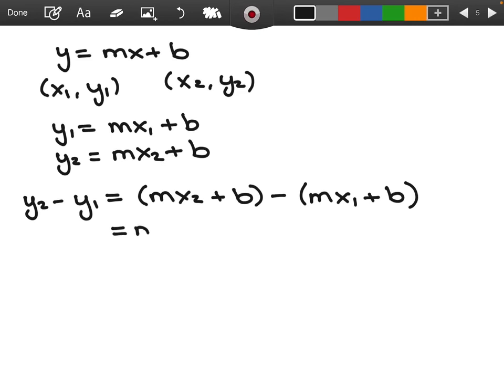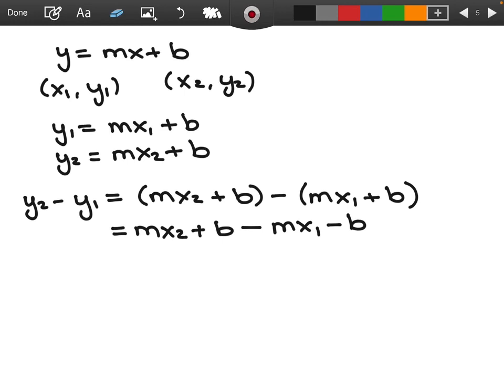I'm going to rearrange this, okay, and actually draw out that negative. So I would have mx sub 2 plus b minus mx sub 1, but I've got to actually put that negative in front of both the mx sub 1 and the b. So I've got to multiply it out. So I would have minus mx sub 1 minus b. Okay.